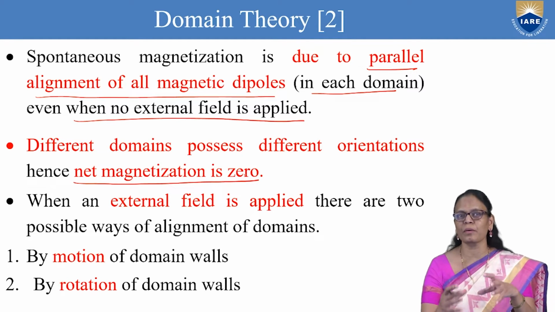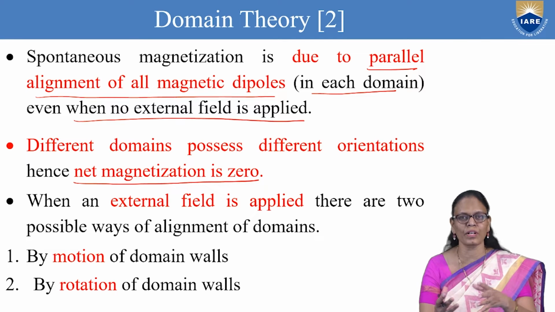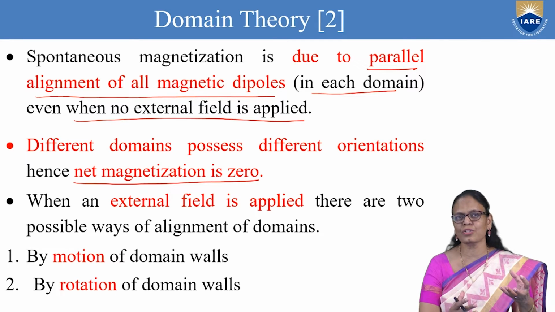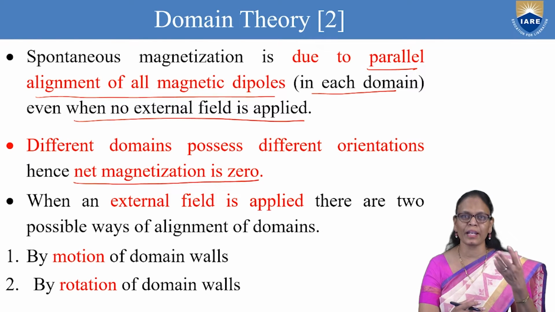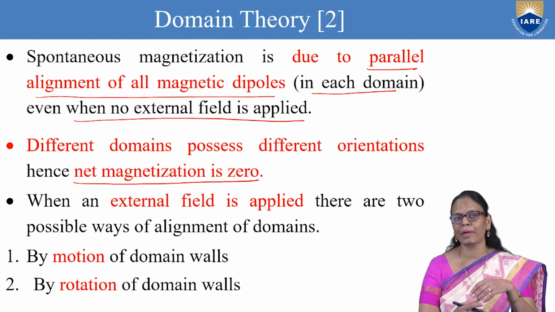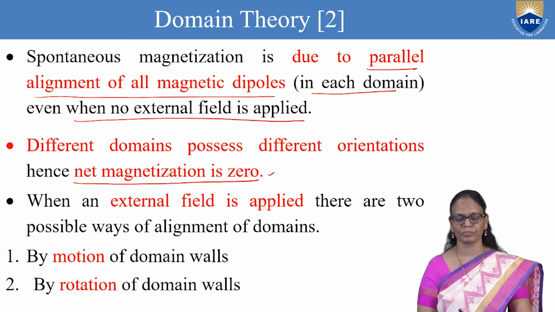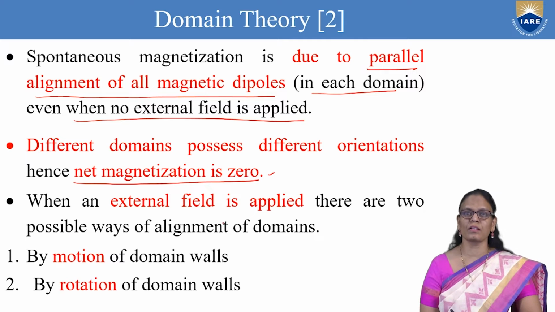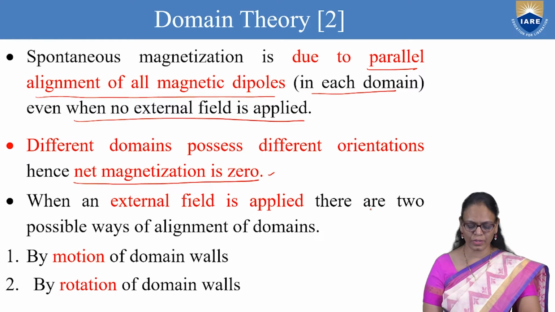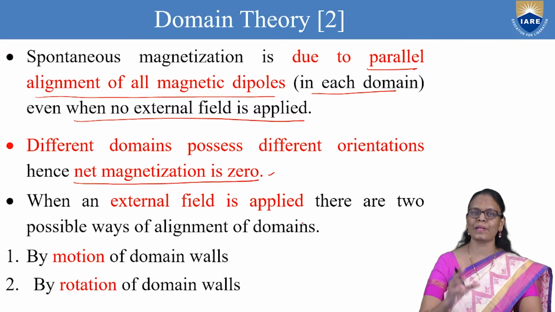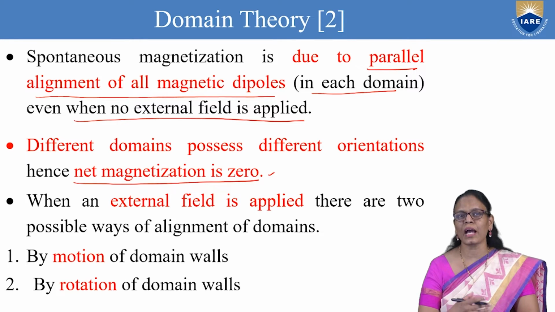Now, when we consider the material as a whole, it consists of a number of domains, and each domain has a particular direction, and the net magnetic moment due to all the domains may be 0. But when an external field is applied, there are 2 possible ways of alignment of domains. So what happens to these domains when an external magnetic field is applied?